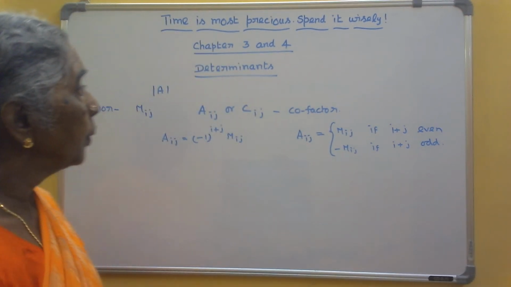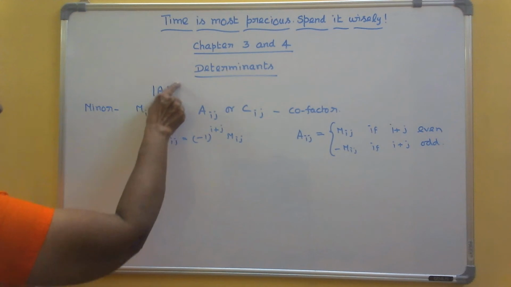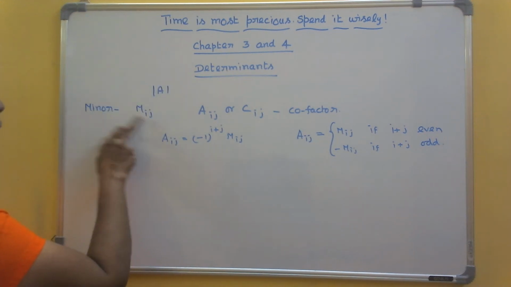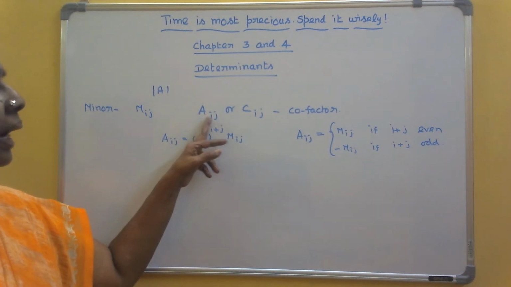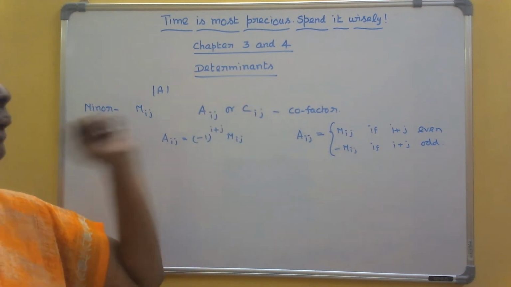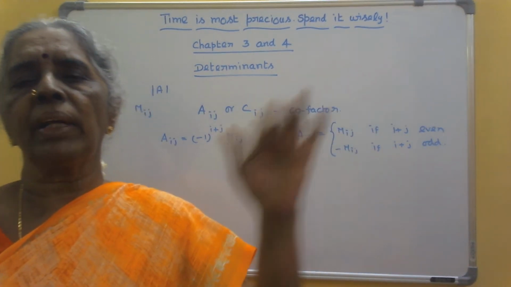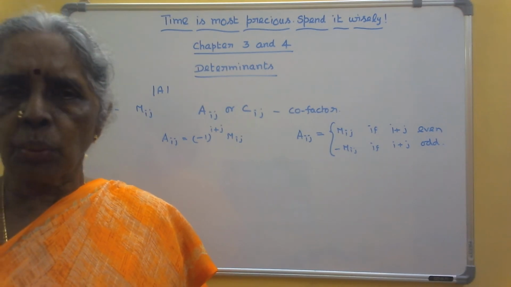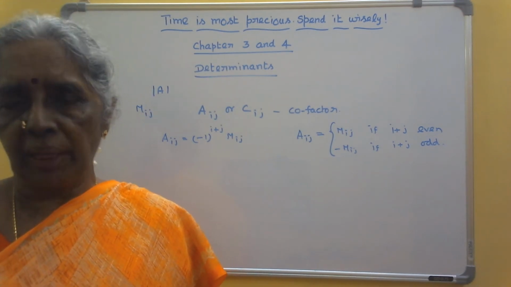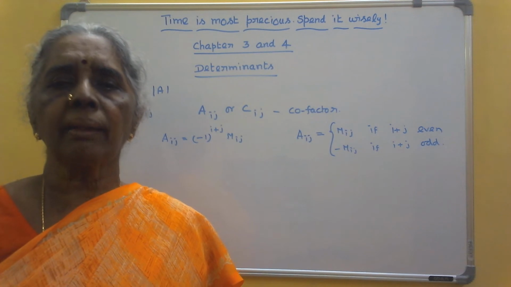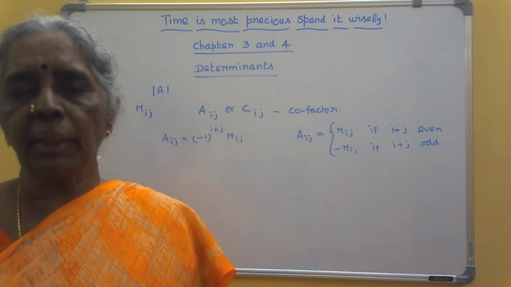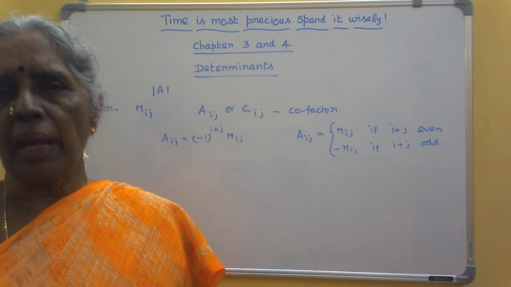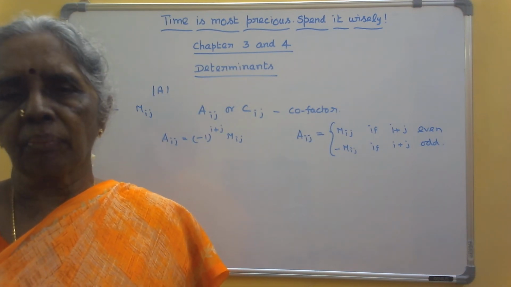This is the symbol, and Mij means minor of an element, Aij or Cij means cofactor of an element. The minor you find by deleting the ith row and jth column, and whatever subdeterminant you get, if you expand, that is called a minor.